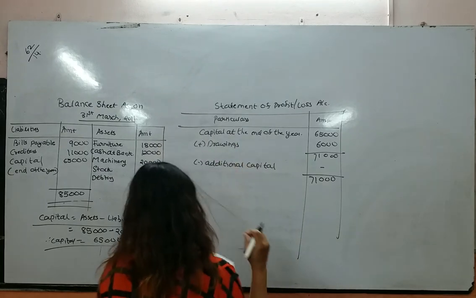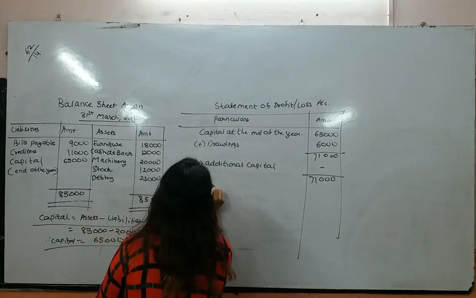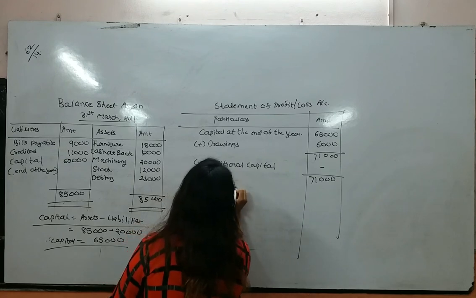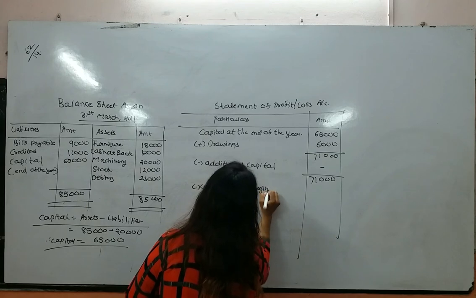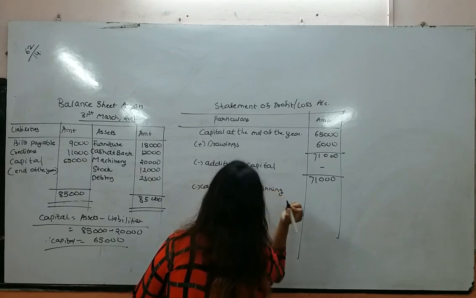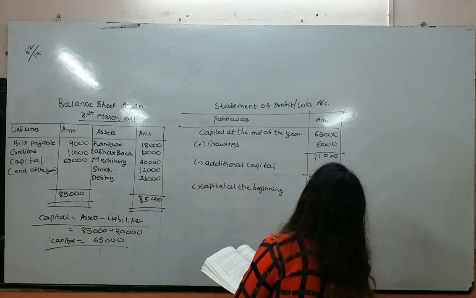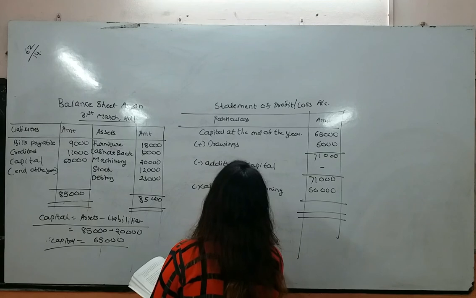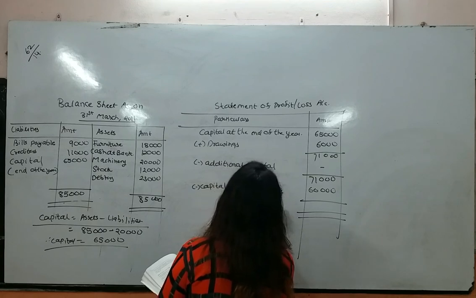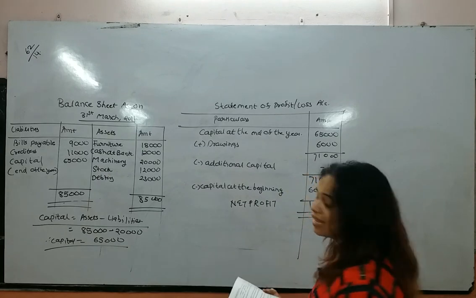Less capital at the beginning of the year. How much is it? 60,000. We are getting the answer in positive. It means there is a net profit of rupees 11,000. Are you getting it, students?